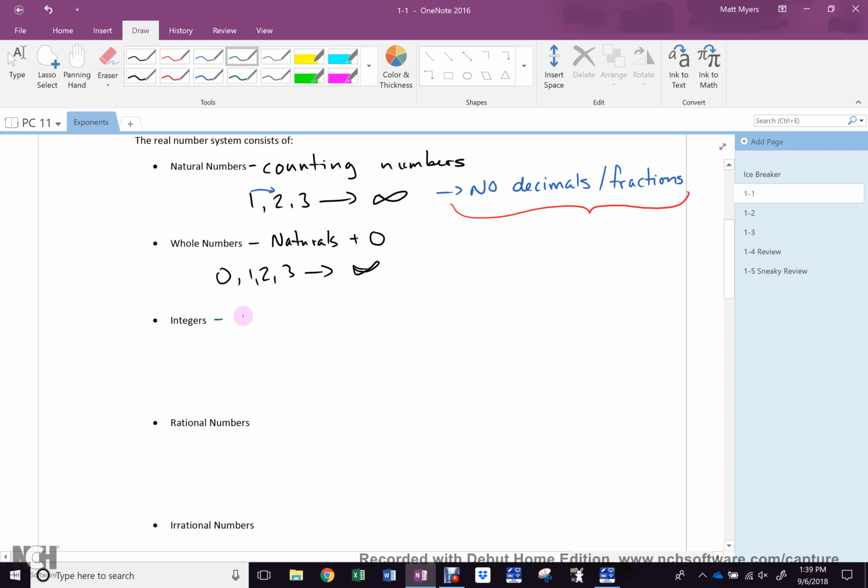They are the whole numbers plus negatives. Negative infinity, negative 2, negative 1, other way around, idiot, not you, me. 1, 2, up to positive infinity. And again, the rules continue. That is where it ends.